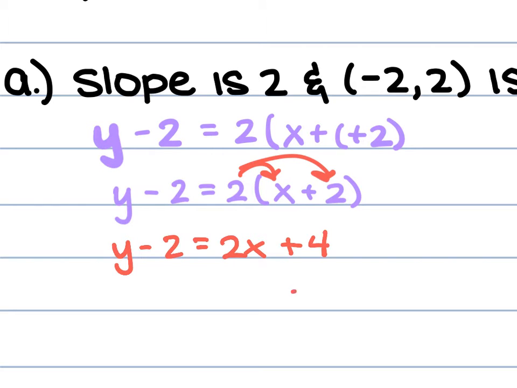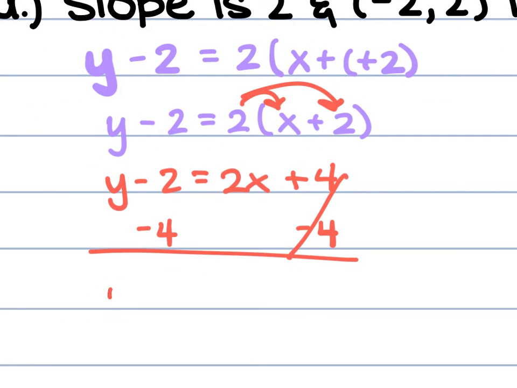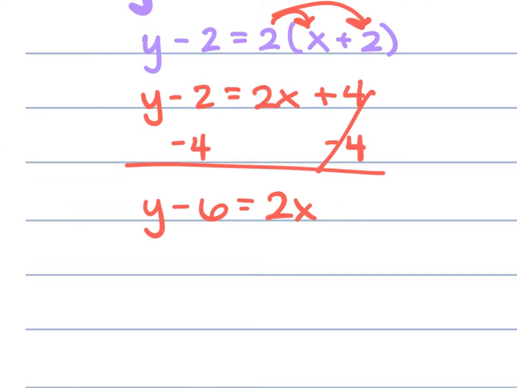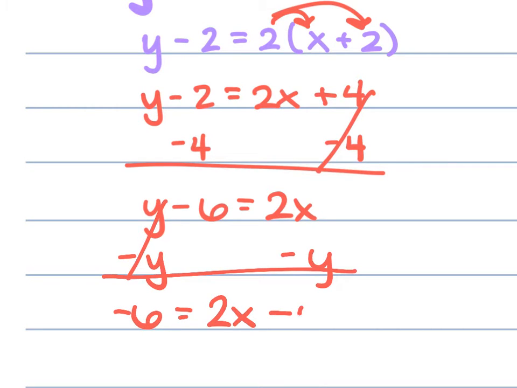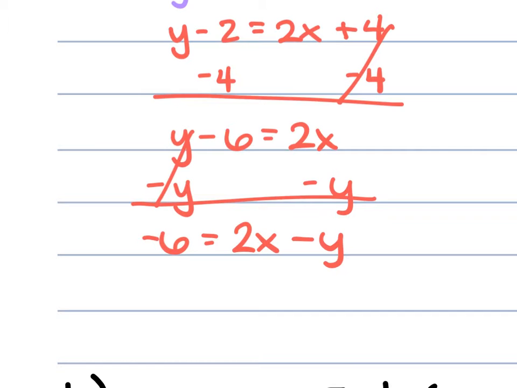So I'm going to subtract the 4 from each side, bring the y over and subtract it. So this is going to be 2x minus y is equal to negative 4.